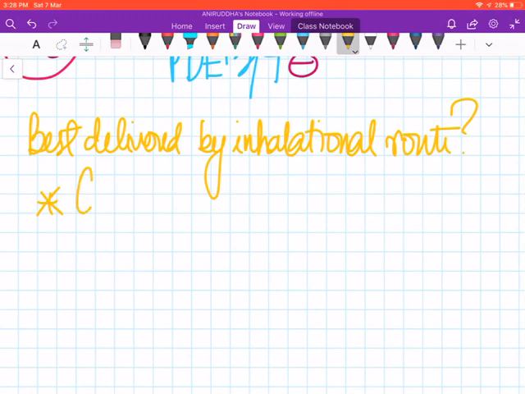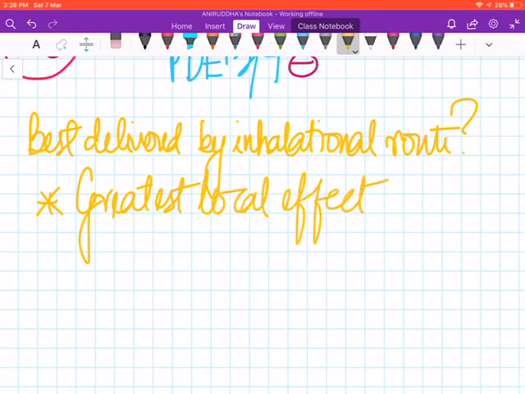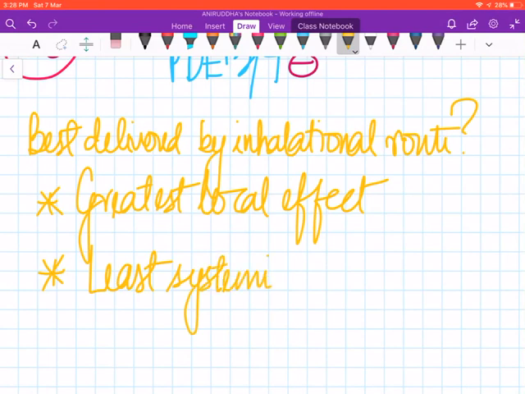It will have the greatest local effect on the bronchial smooth muscle. Also, there will be the least systemic toxicity. Because of these two reasons, they are best delivered by the inhalational route.